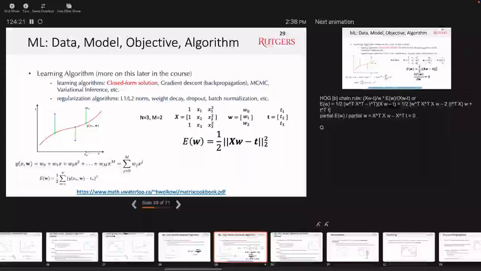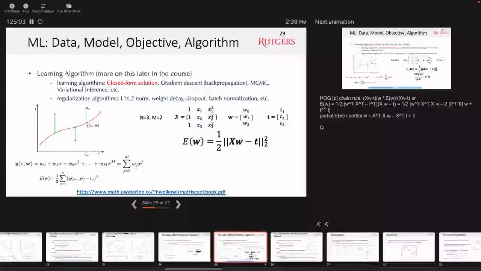Okay, and this is a vector, right? And what's this double vertical line, with a 2 in the subscript and a 2 in the superscript? This is called the L2 norm. By definition, if you have a vector v, the L2 norm of this vector v is defined as the square root of the sum of each entry's square.